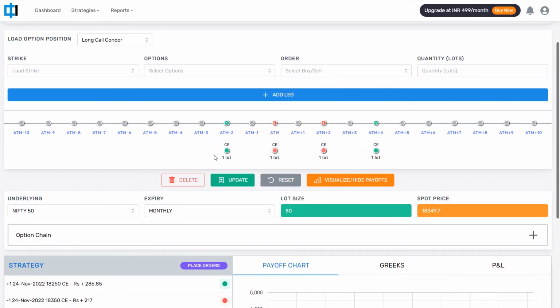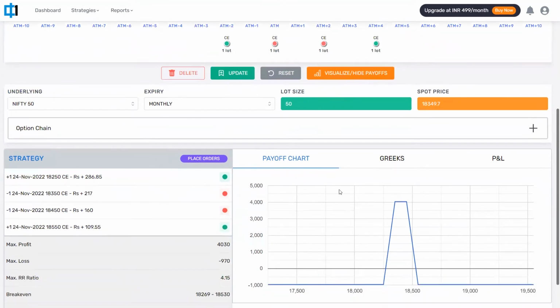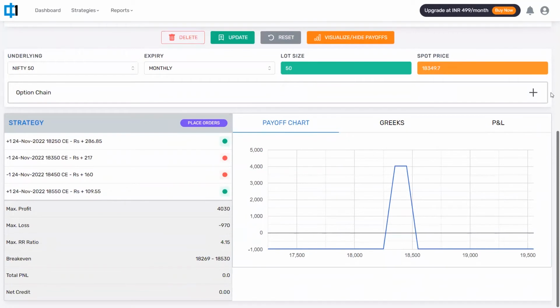So again, you're not selling more than you're buying. It's equal, so you have a clear capped profit and loss depending on where Nifty expires.